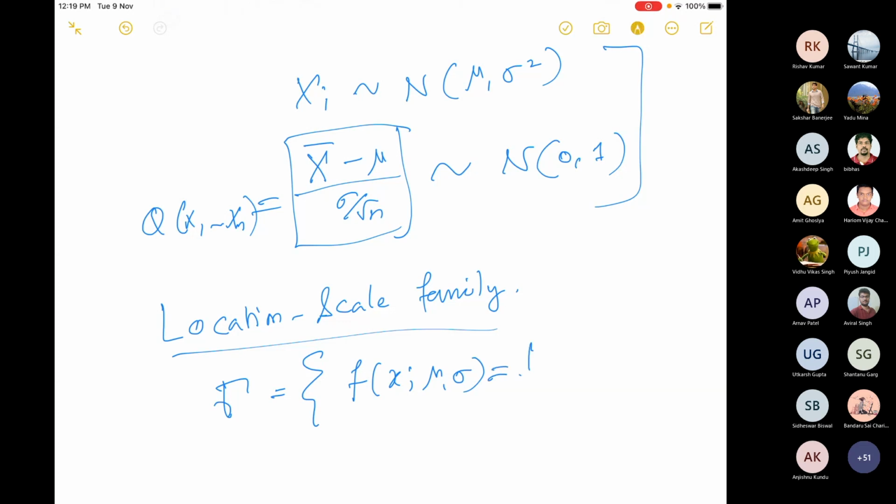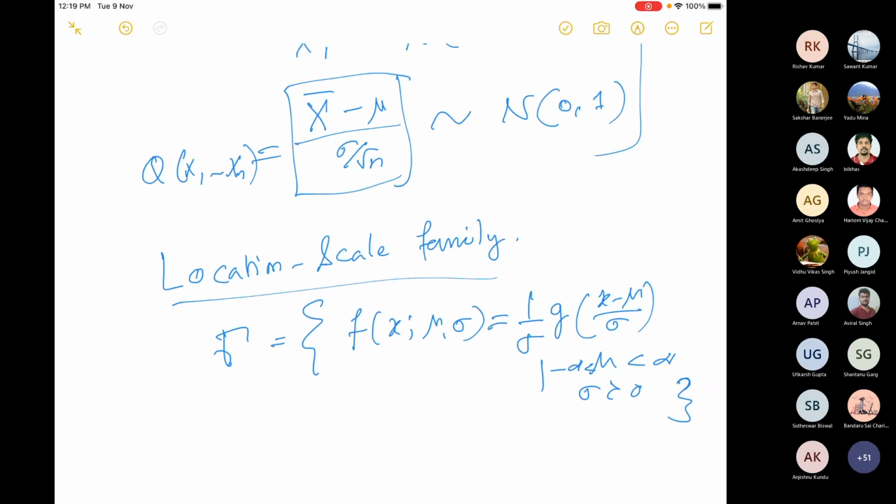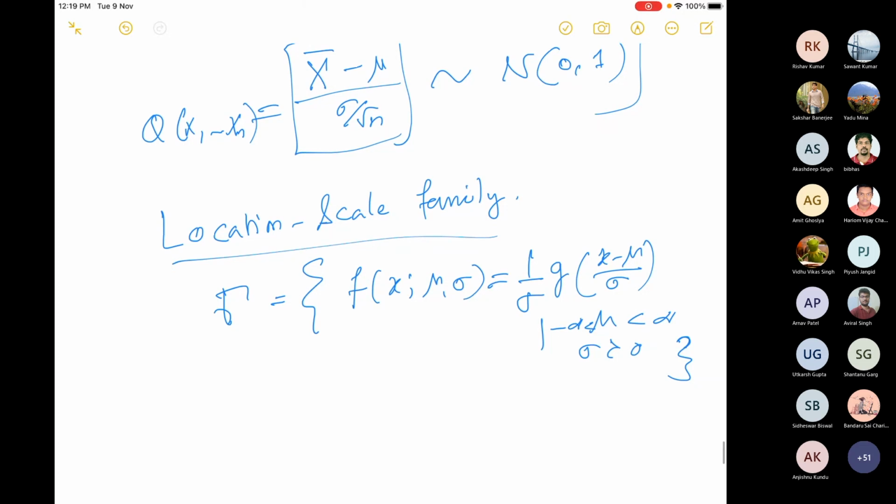We define this kind of function, which is 1 by sigma times G of (x minus mu) by sigma, where sigma, the constant, is non-zero, mu could be anything between minus infinity and infinity, and sigma is in the open interval 0 to infinity, and where G is a PDF. So given a PDF, I create another function f.